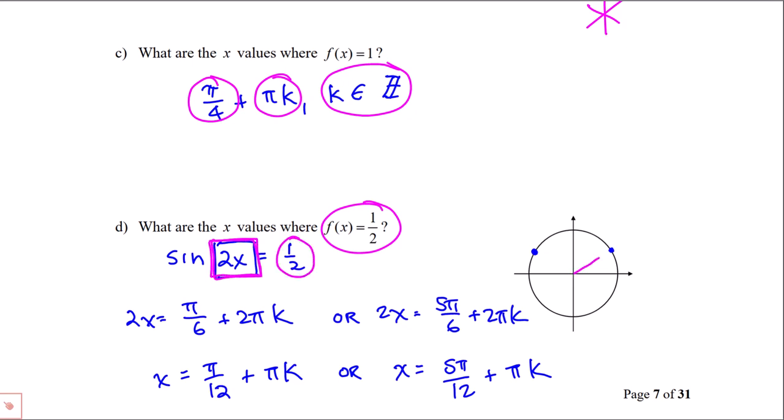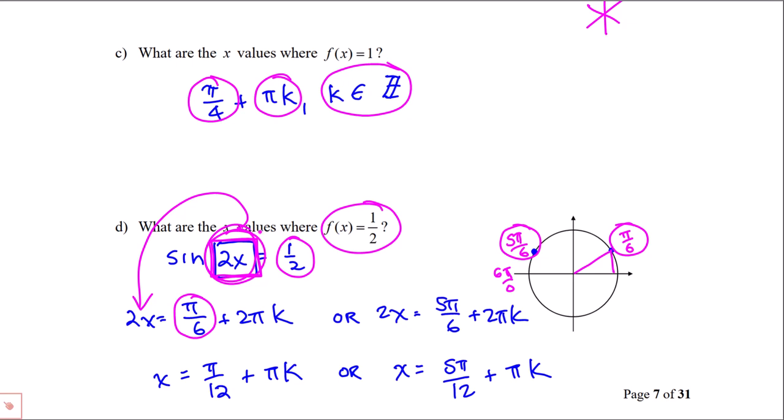Again, the y value is small. That's pi over 6. And if this is 6 pi over 6, this is 5 pi over 6. So this position is either pi over 6 or 5 pi over 6. So this position, 2x, is pi over 6, or that position, 2x, is 5 pi over 6.